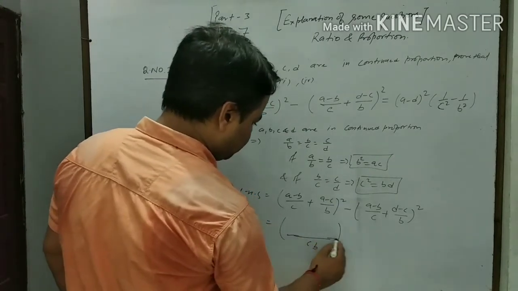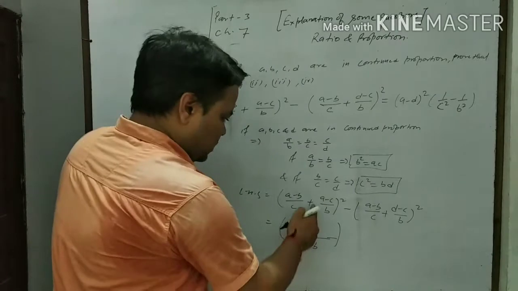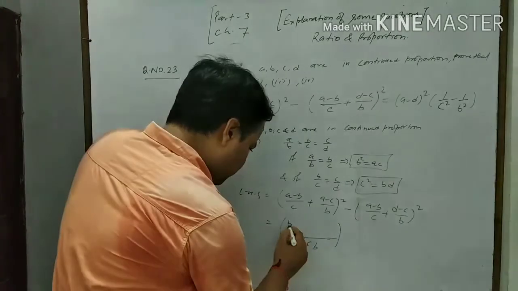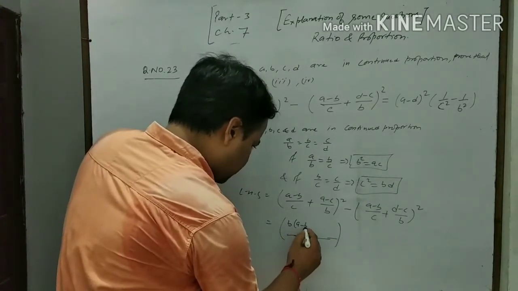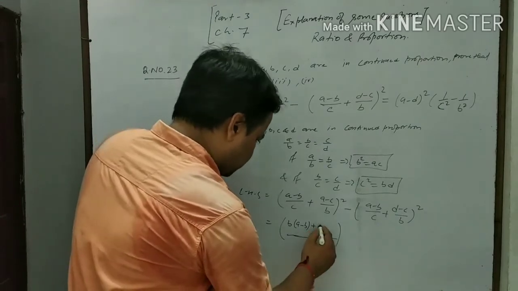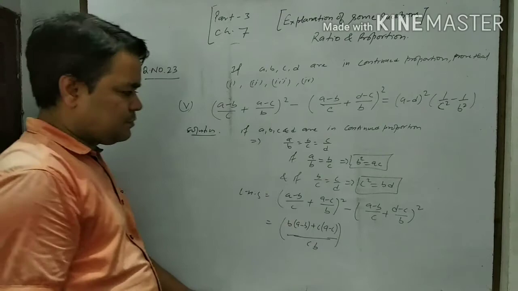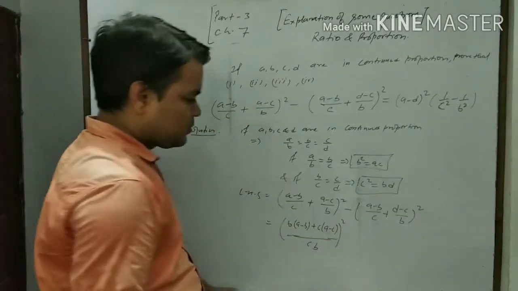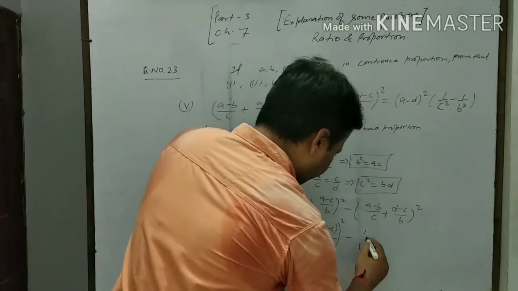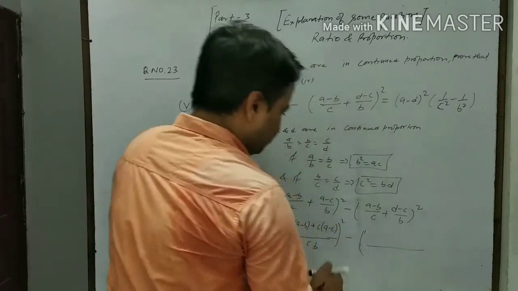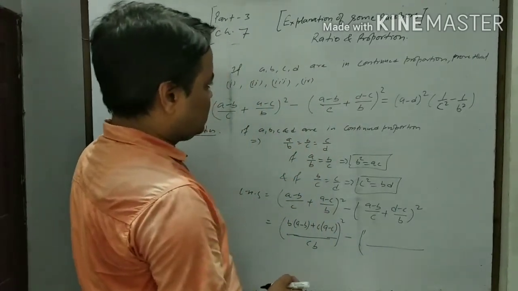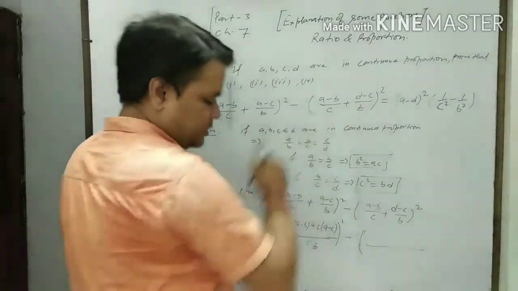Now this will take this form: b into a minus b plus c into a minus c, and here whole square. Minus, here what is the LCM? That is cb, here cb also.